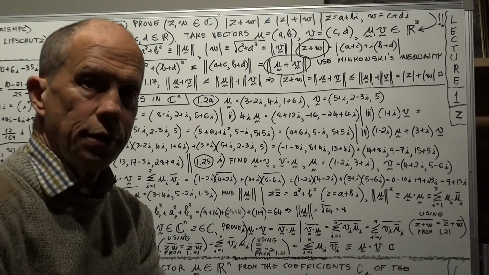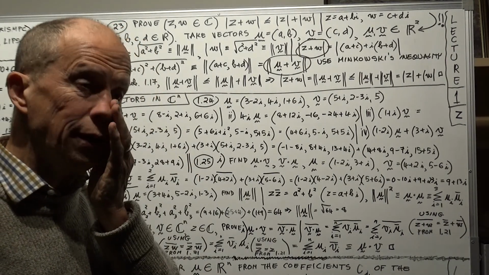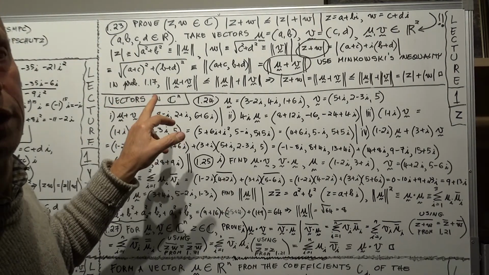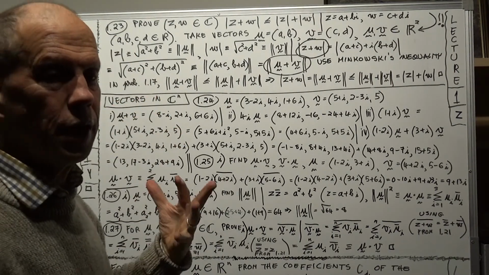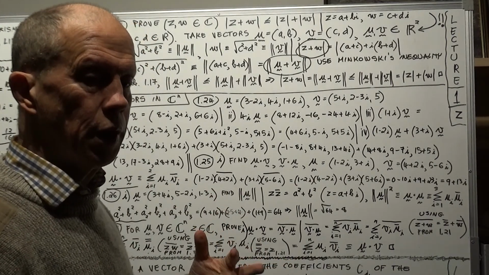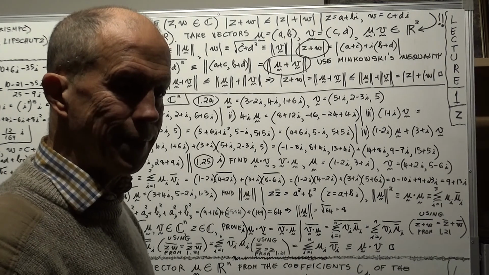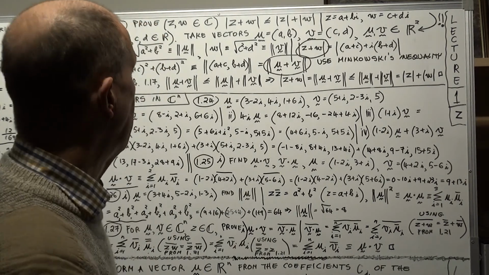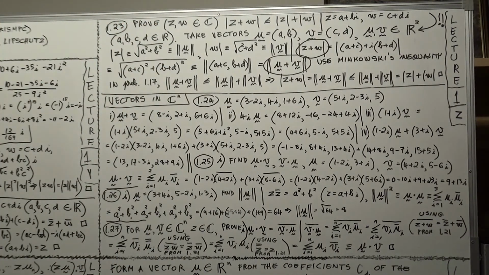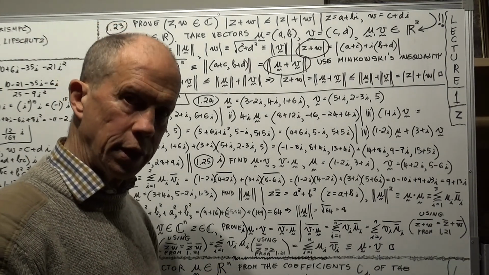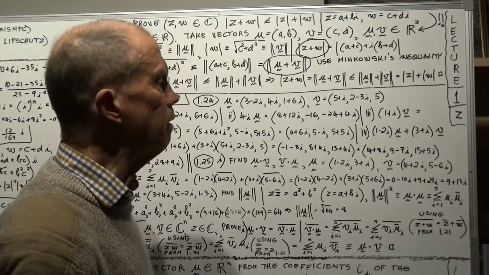Now, questions and solved examples in the topic of vectors in Cn. In other words, n-dimensional complex vectors, or just complex n-vectors, where a complex vector means that the components of the vector can be complex numbers.